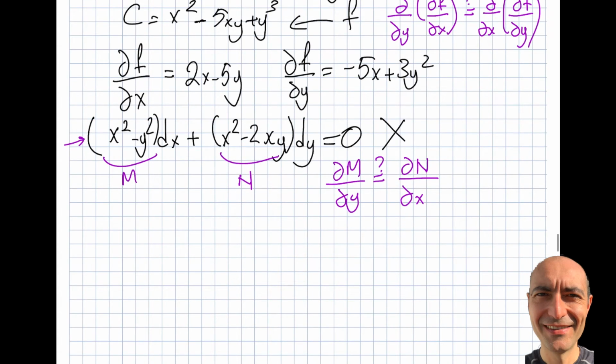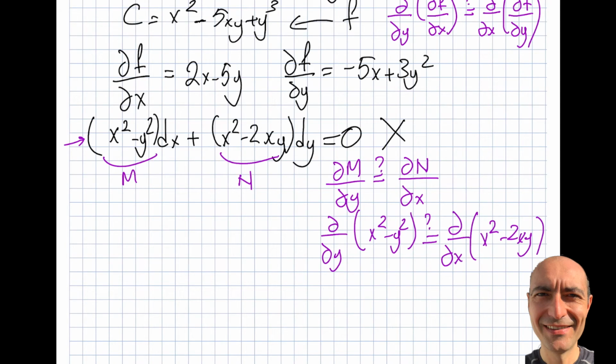So del M del y is del y of x squared minus y squared, and N is x squared minus 2xy. Here I get minus 2y, and over here I get 2x minus 2y. You clearly see that they are not the same, right? So I will not be able to use this approach for this particular question.